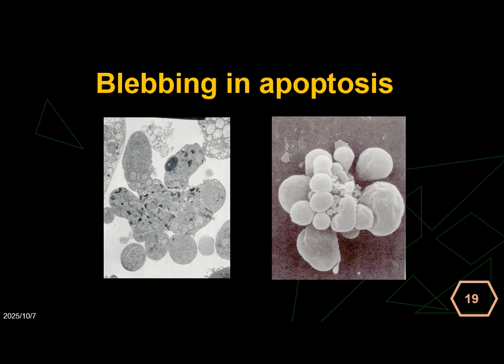This one you don't see the detail, but you do see the surface. It depends on your experiment. Sometimes the SEM gives you more detail. Sometimes you want to see the content of the cell, you need TEM. It's just a different electron microscope.